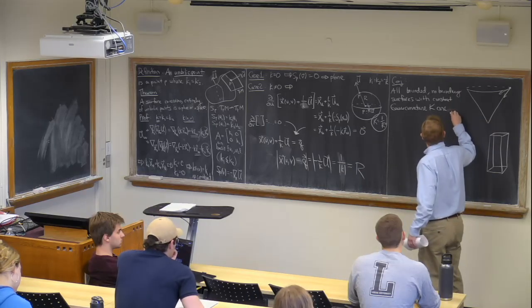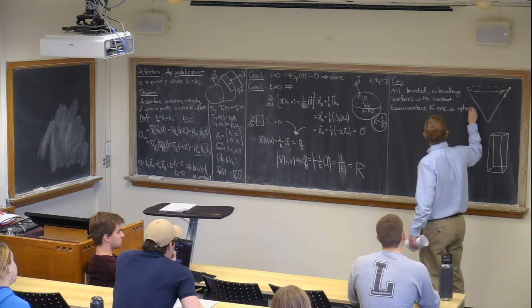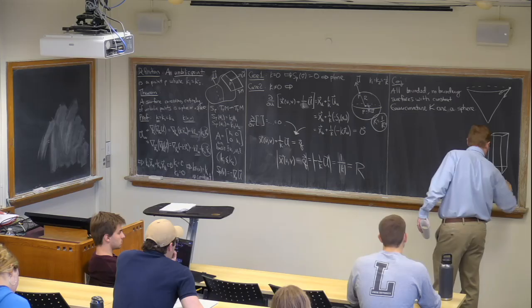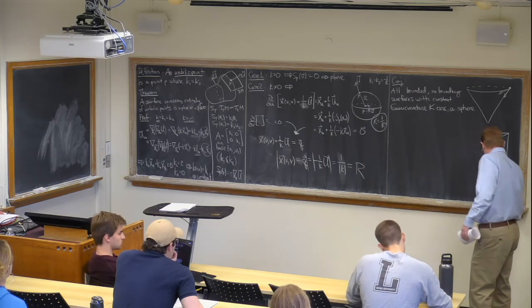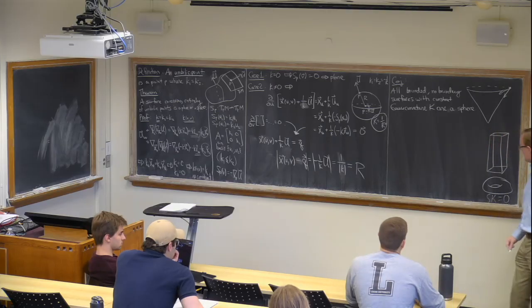What about a donut? It turns out we can't think of any other examples, and so the correct conjecture is to conjecture a sphere. Now, if you look at a donut, later on we'll prove that the integral of the Gauss curvature of a donut is equal to 0. It turns out it's positive in some places and negative in other places.